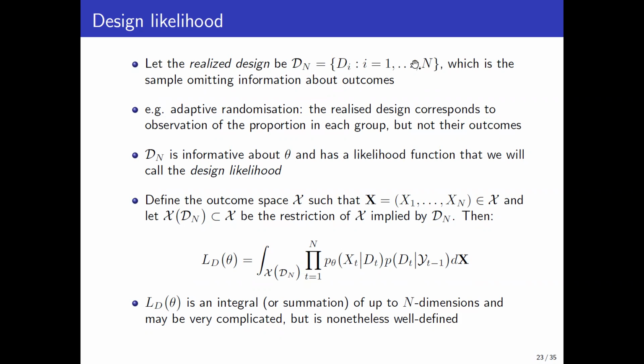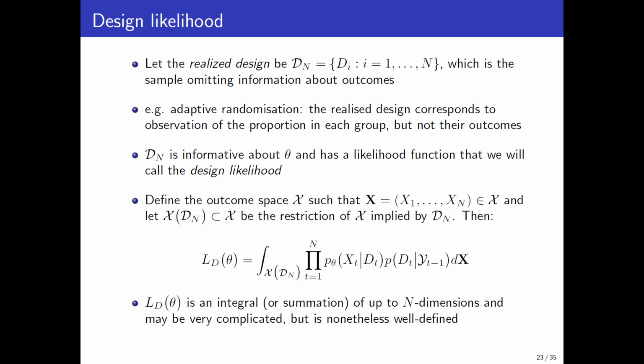Now that is a random variable, or a sample essentially, that has a distribution that depends on the underlying treatment effect. It's informative, therefore, about theta, and it has an underlying likelihood function that we can refer to as the design likelihood. It's potentially extremely complicated because it involves integrating out the X's, the outcomes, in the overall likelihood function.